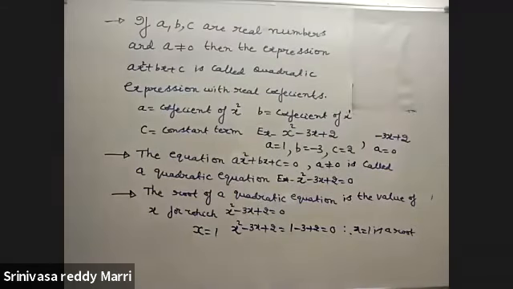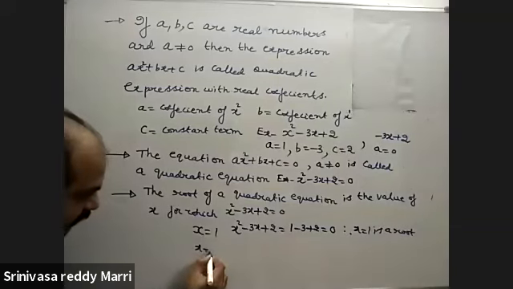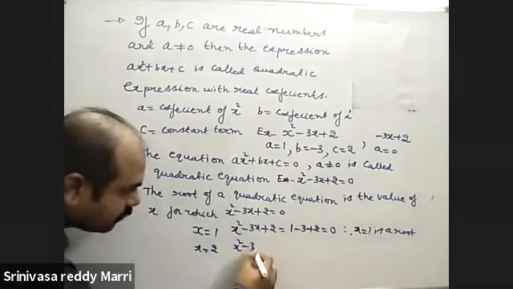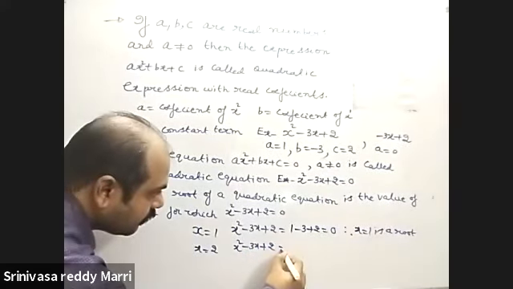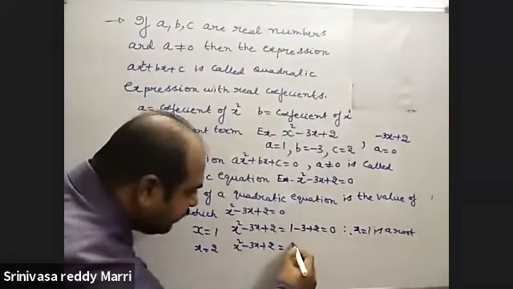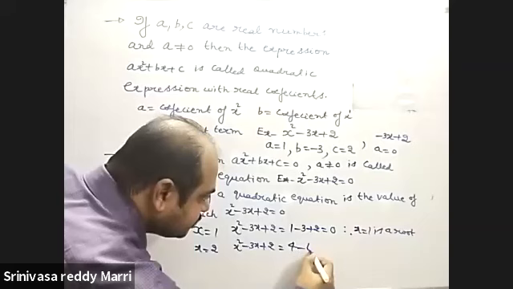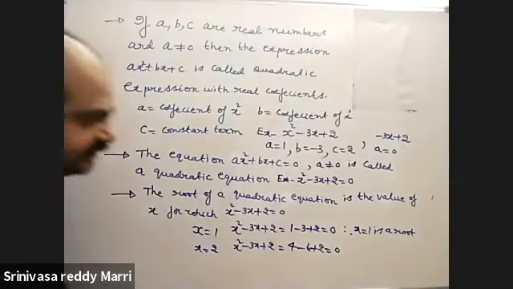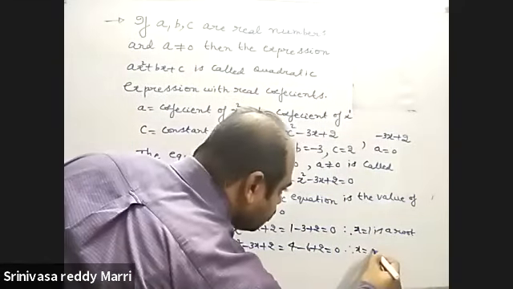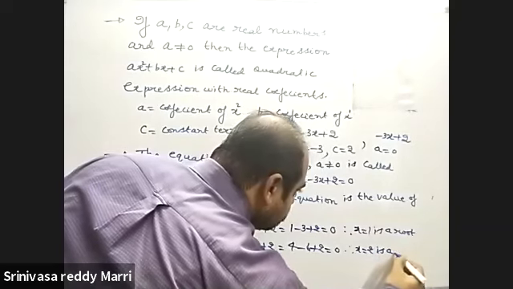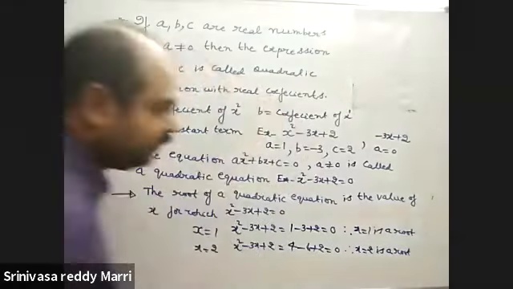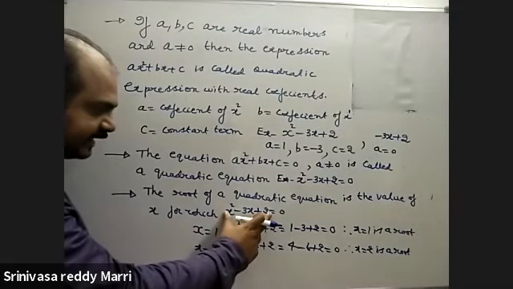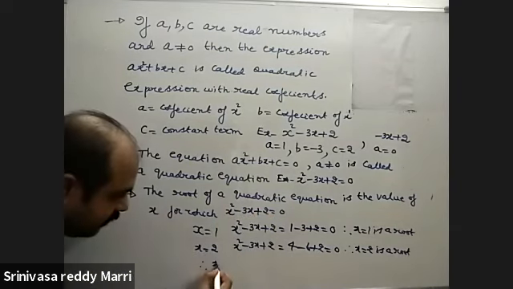Suppose we substitute x equal to 2. If you substitute 2, what will you get? 4 minus 6 plus 2. This will become 6 minus 6, 0. Therefore, x equal to 2 is a root. That means, what are the values of x satisfying this equation? Therefore, 2 values.